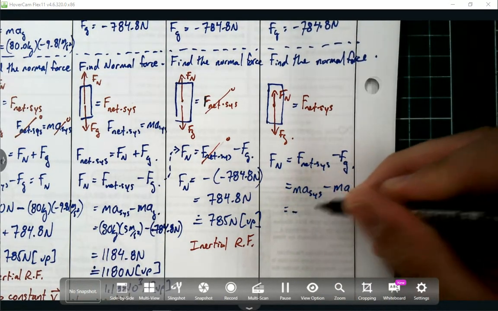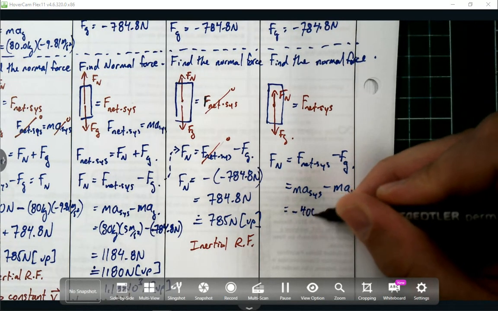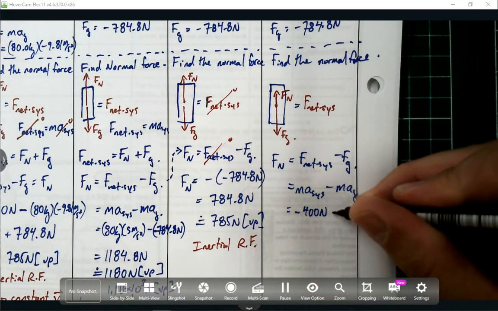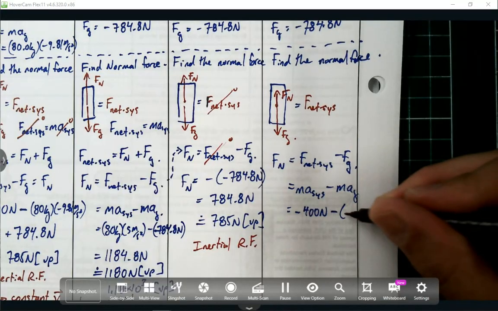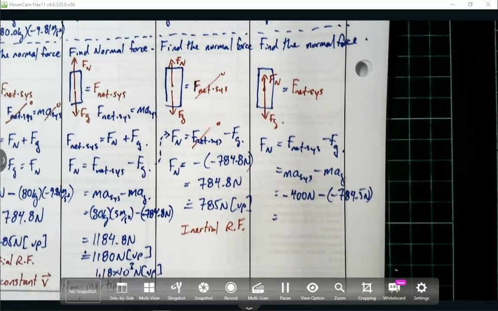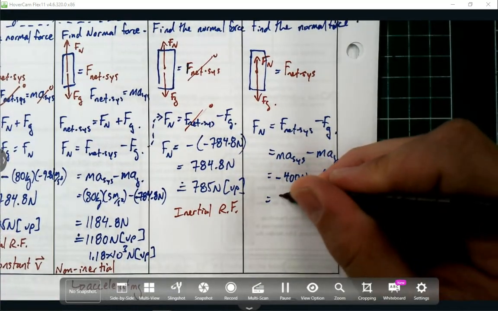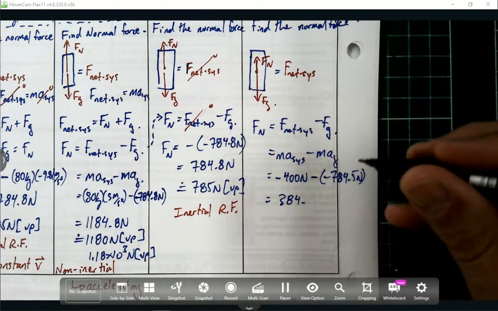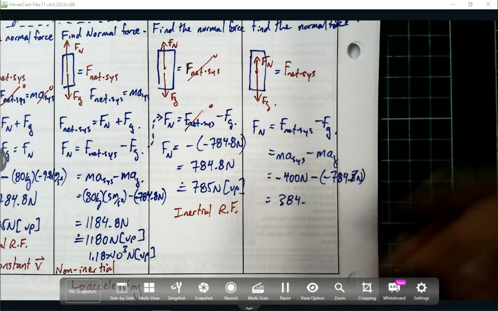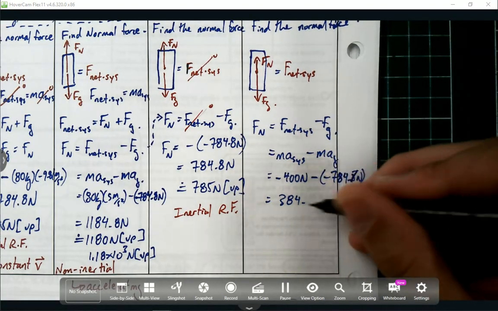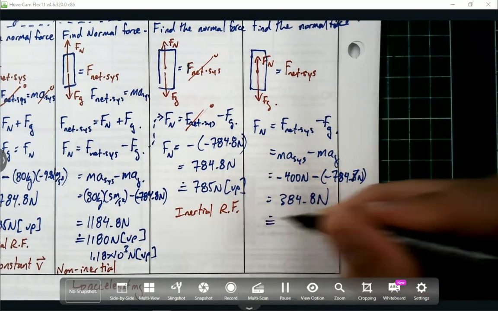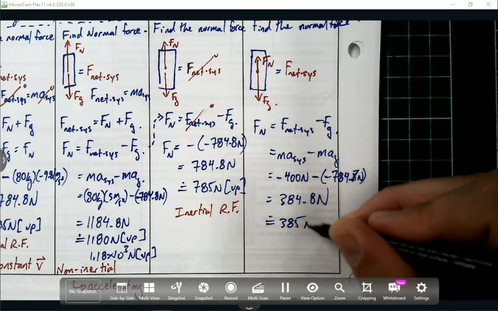So I'll end up getting negative 400 newtons, right? 80 times negative 5, negative 400 newtons, minus negative of negative 784.8 newtons. All those negatives are important. But then we end up getting positive 384.8 newtons, or 3 sig figs, 385 newtons up.